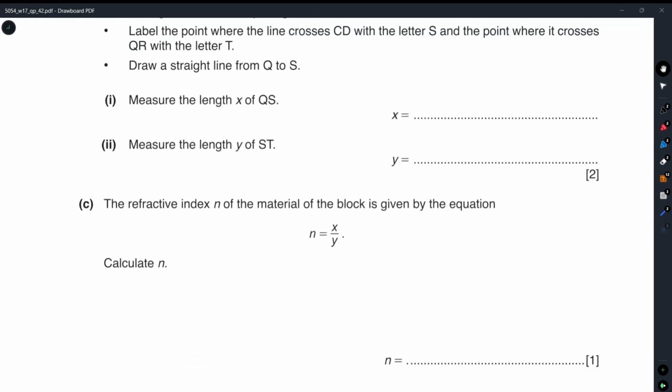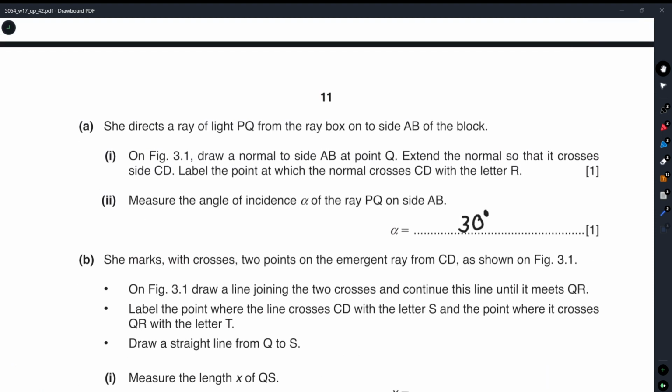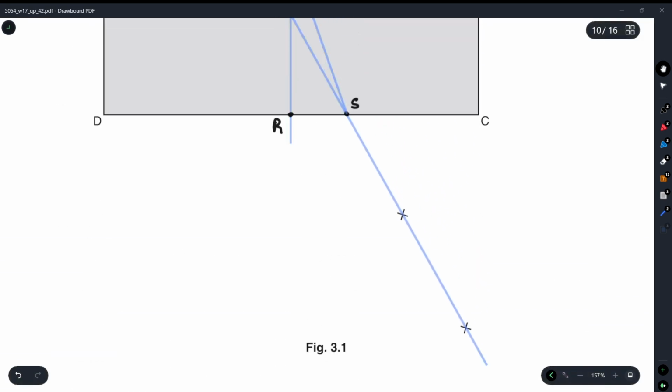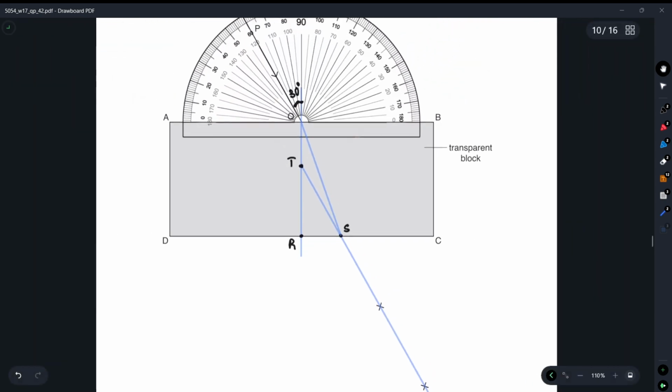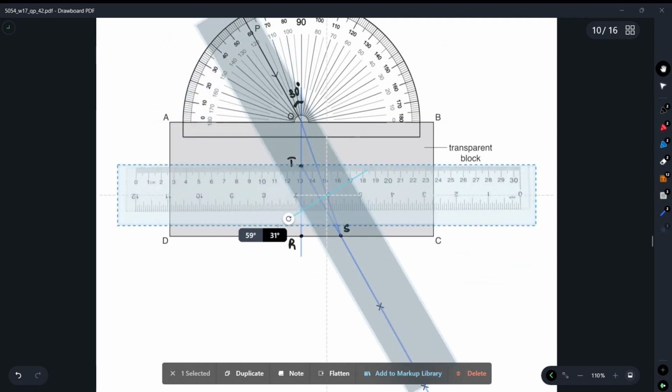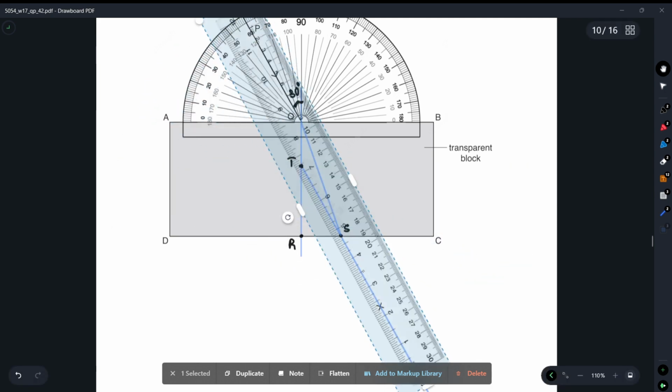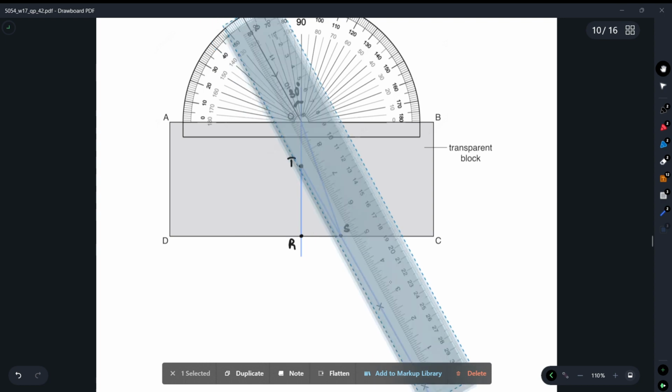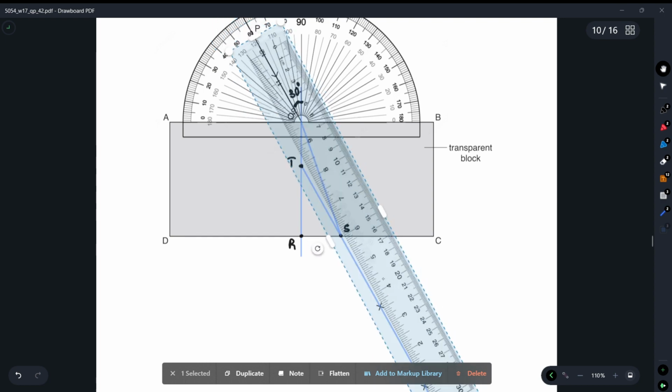Now we need to find the refractive index. I'm not exactly sure what the exact length is, but in this case, I can use this scale right here, because whatever the case is, it's still going to give me the correct ratios nonetheless. So let's measure how much this length right here is.